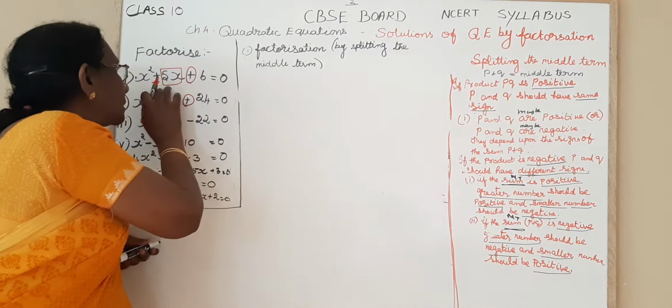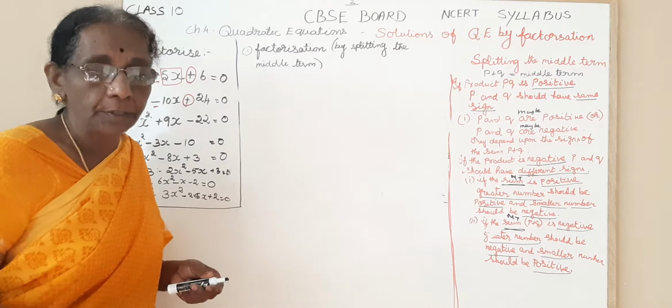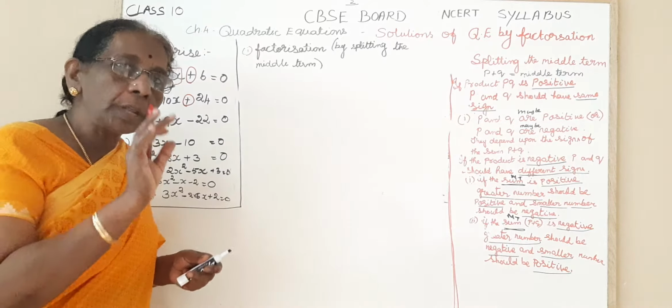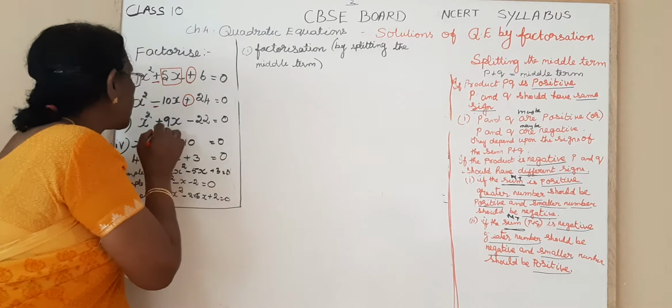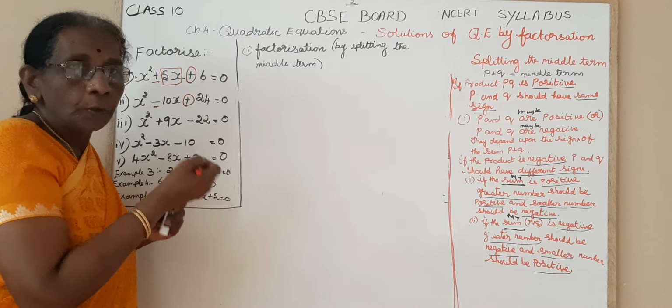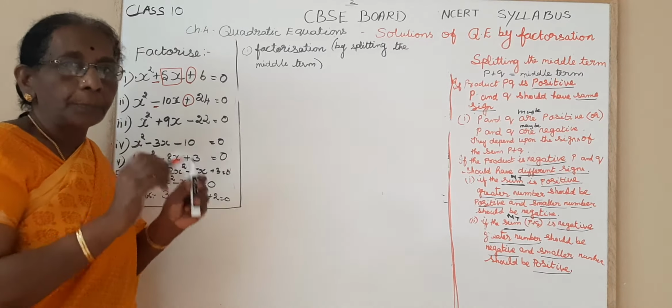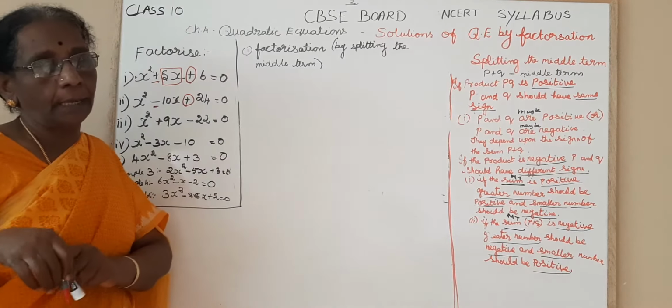But here the middle term is positive. So to get positive as the middle term, what should you do? You should take both P and Q as positive. But here see, it is negative, and the product should be positive. So you should give Px and Qx negative. When you add both, you will get a negative middle term.